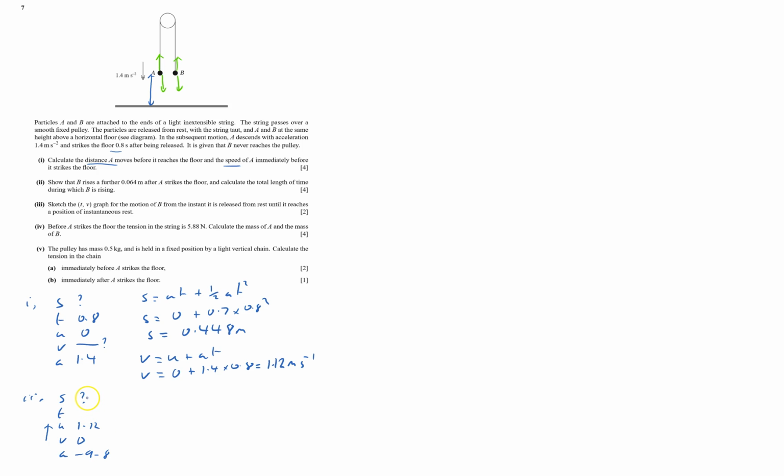Need the formula without the T in it, and that will be V squared equals U squared plus 2AS.